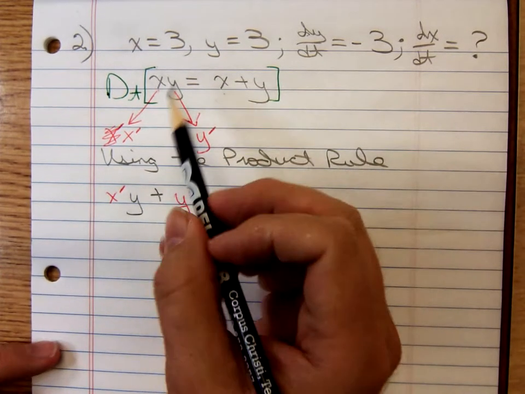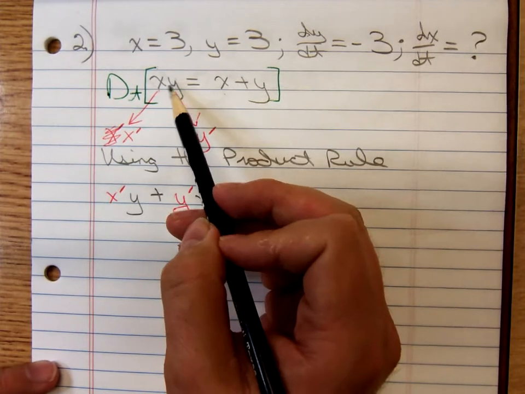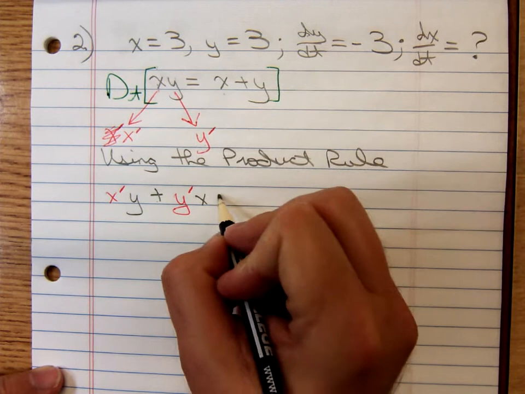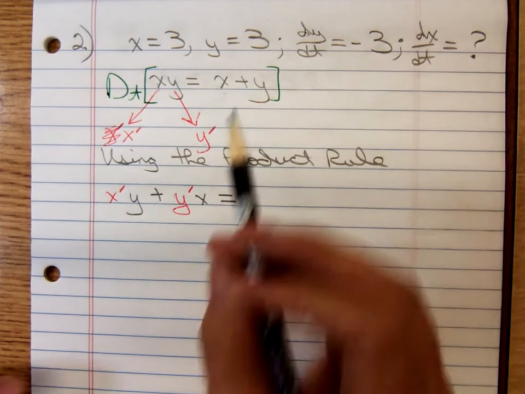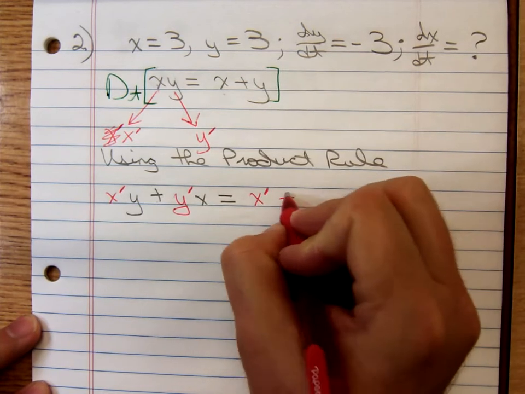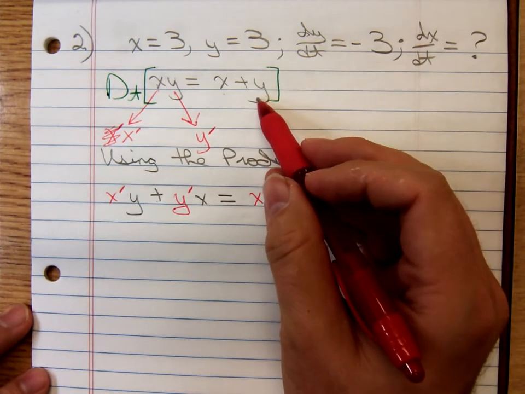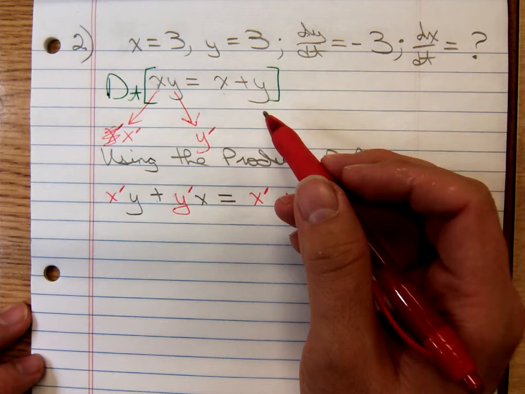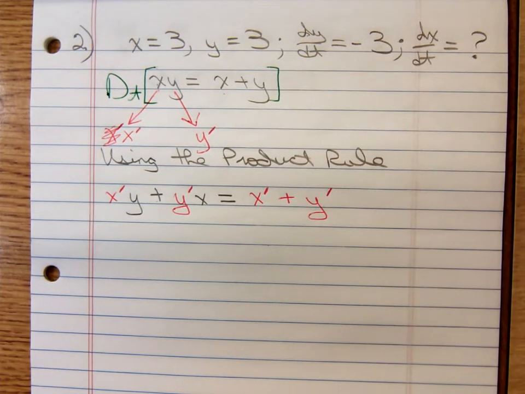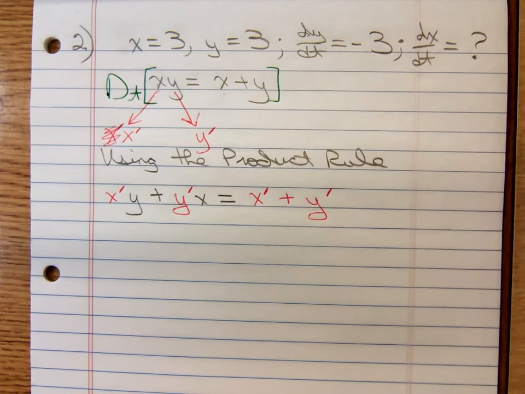The derivative of the first times the second plus the derivative of the second times the first equals the derivative of x is just an x prime plus the derivative of y. The derivative of a letter by itself is just 1, but we then have to stick on a y prime. Oh, we have a lot of primes floating around here.